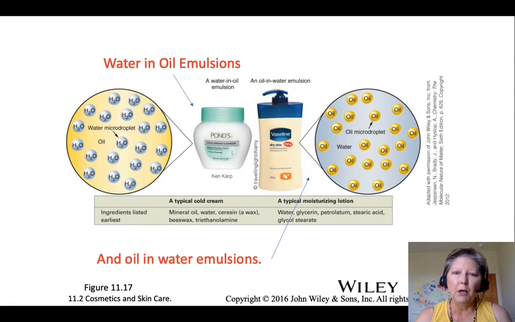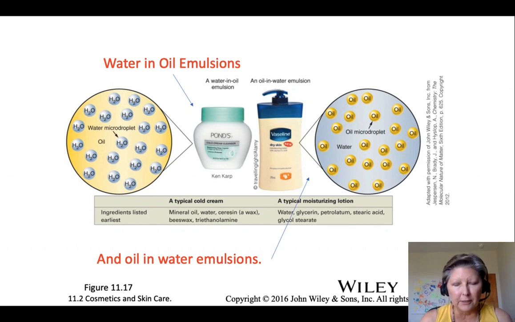For example, this Pond's cold cream on the left was something my mother used to use a lot, and it's primarily or partly to remove makeup. It's very oily. It is a water and oil emulsion. That means that oil is a larger amount in there than the water.